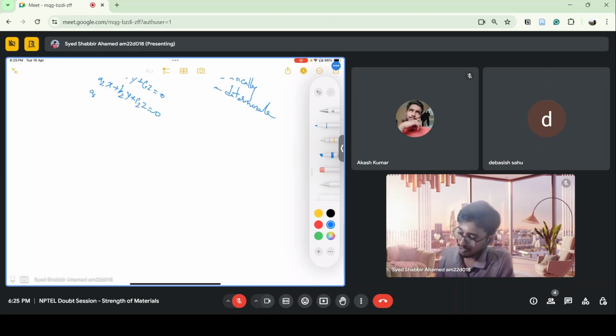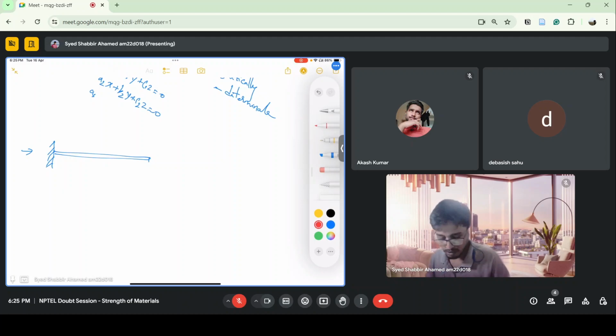Now, if I take, let's say, a cantilever beam like this, it also has three unknowns, right? I have VA, let's say this is A and the free end is B, and HA, and I have a moment at the fixed end.